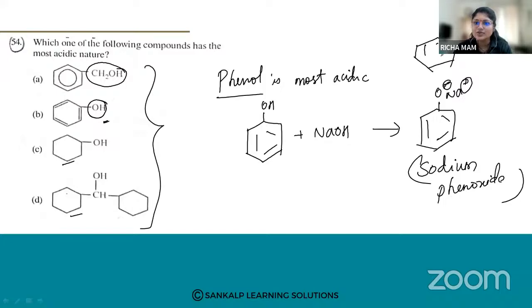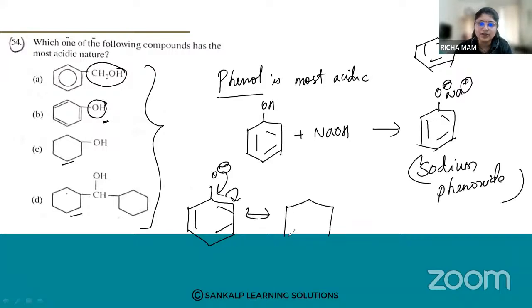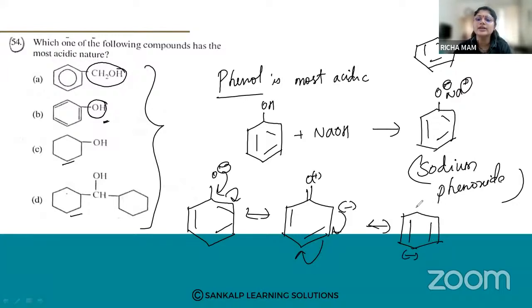See here, I'll just draw the structures. Here is O minus, and this will undergo resonance stabilization. The structures are O plus, and again the negative charge is stabilized.